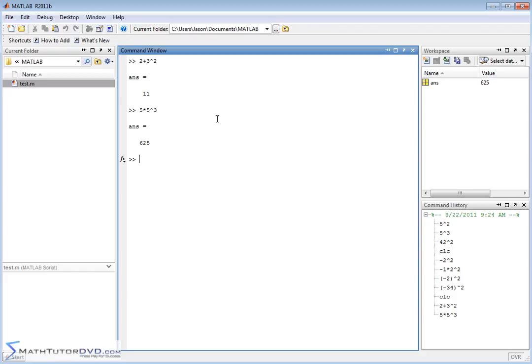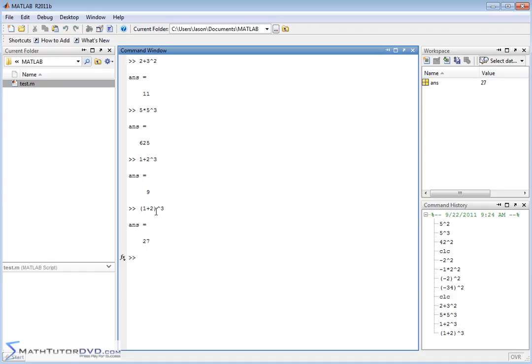Now you can mix everything with parentheses as well. What if I wanted to do, this is a better example, 1 plus 2 to the third power. The way MATLAB does this is it does the 2 cubed first, gets 8, plus 1 is 9. Now if I alter this, I can do 1 plus 2 and then raise the result to 3, and you're going to get a totally different answer.